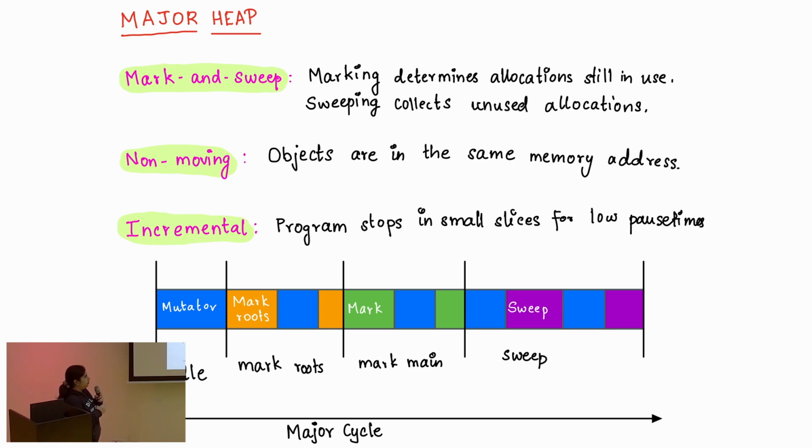Mutator means the OCaml program itself. It then goes on to marking the root phase. The root here is a set of GC roots that are alive. It goes to the marking phase, and then it goes to the sweeping phase after marking is done.